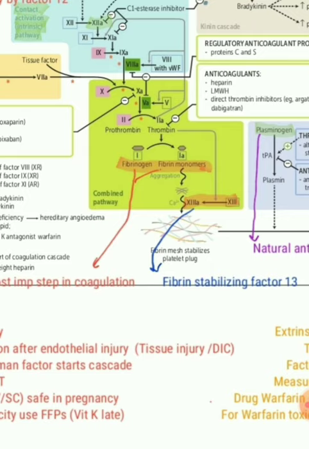Most important to remember is factor 13 is called fibrin stabilizing factor. It is also asked separately which factor is important in stabilization of the fibrin meshwork, that is cross linking of the fibrin meshwork, because in the previous step it is just fibrin monomers.